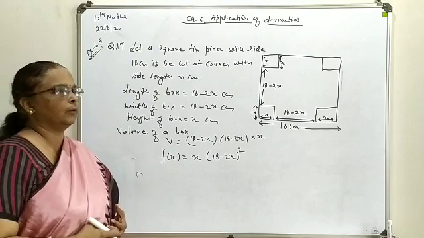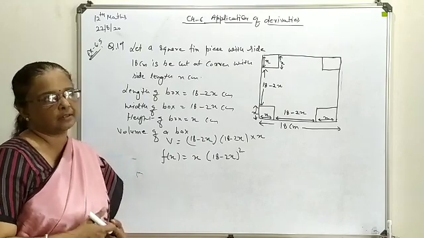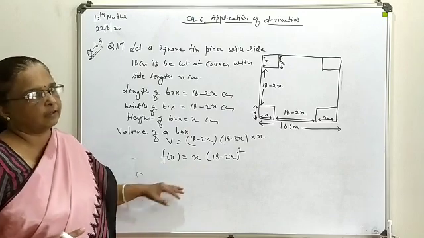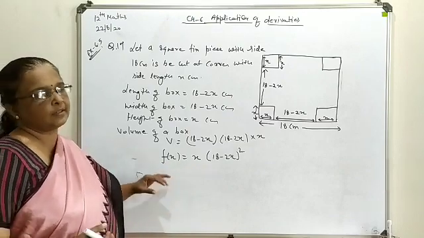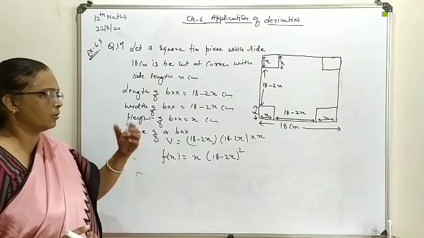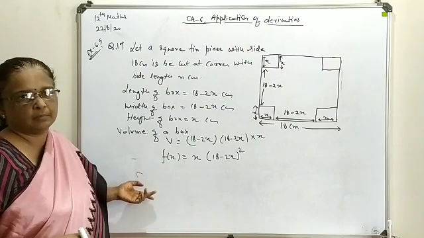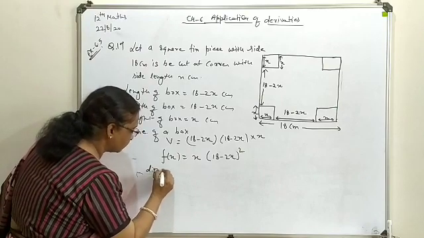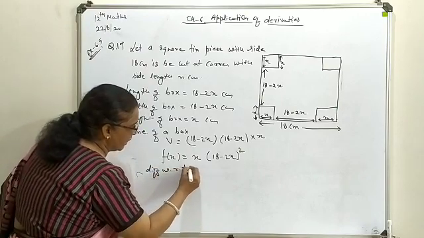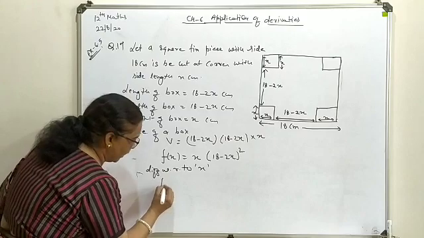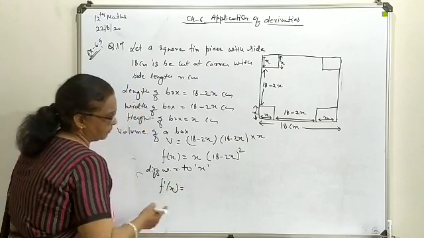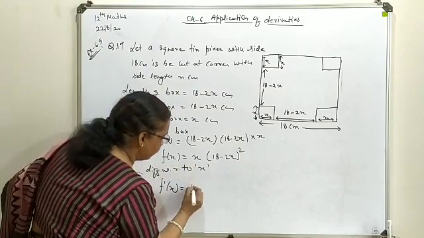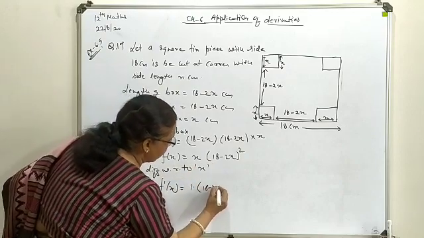Now for the maximum volume, the process remains the same. You go for the first derivative, find the solution, and discuss the x solution that gives the maximum volume. So first differentiate with respect to x. f dash x is: differentiating x gives 1, so you get 18 minus 2x whole square.